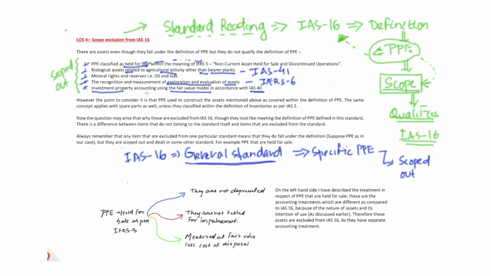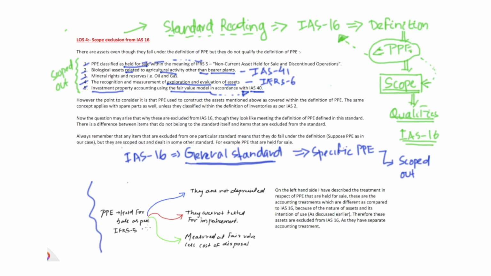However, those investment properties which are not measured at cost less accumulated depreciation, but are measured at fair value, are measured in accordance with IAS 40 rather than IAS 16.